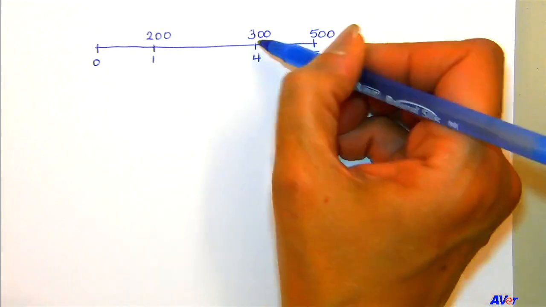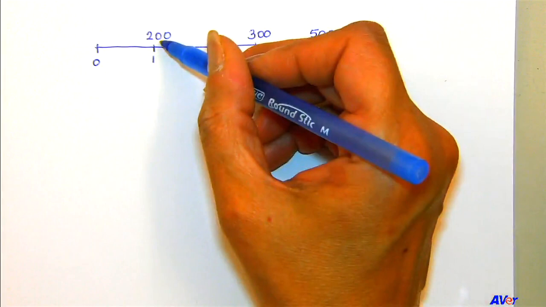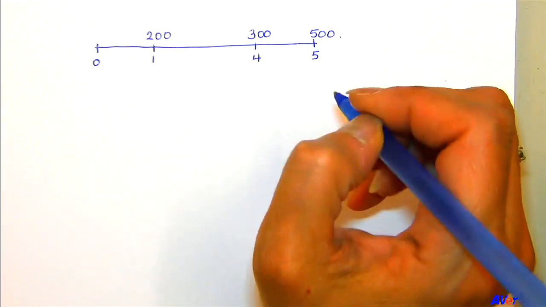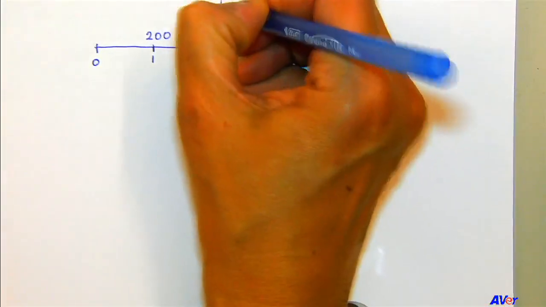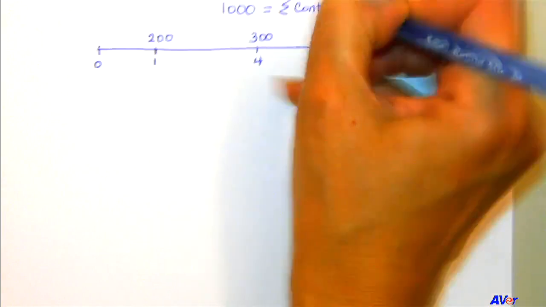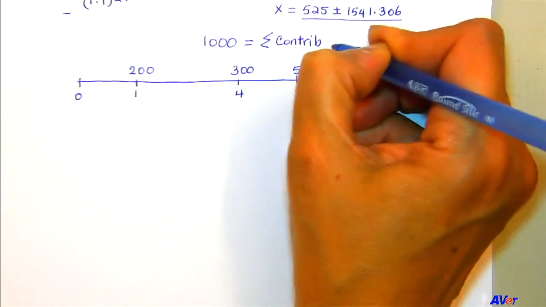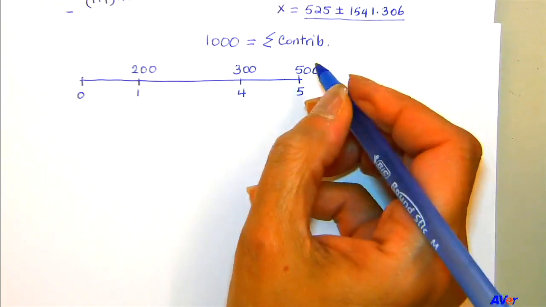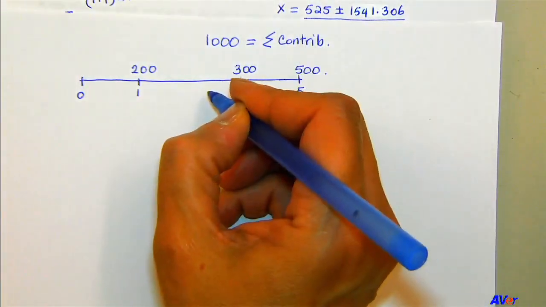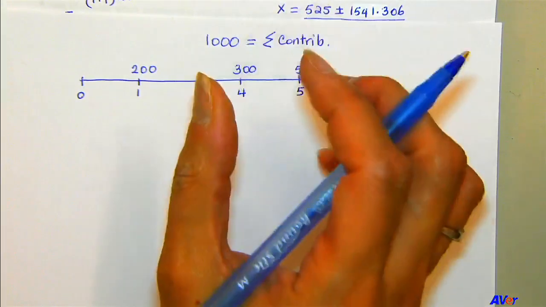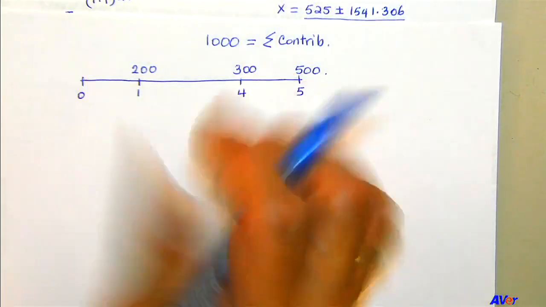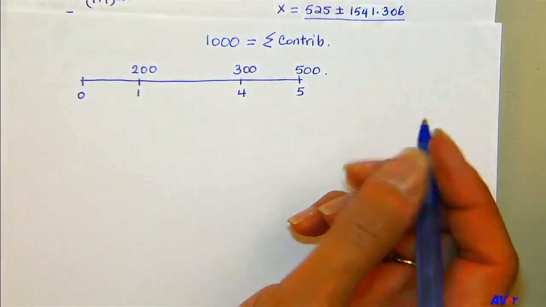So 500, 800, plus 200 is 1,000. So sigma C is $1,000, the summation of the contributions. So the question here is, can you find a time T where 1,000 at time T is equivalent to all this cash flow? That's the question. Follow me?